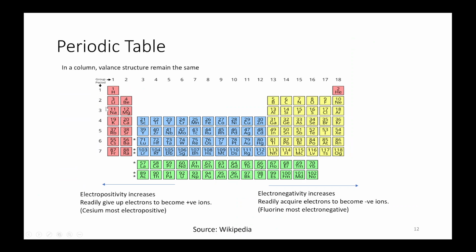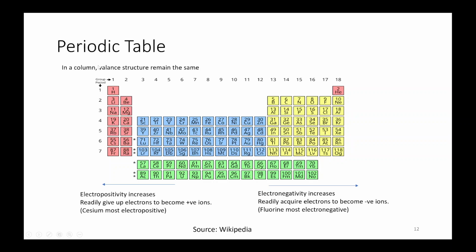In the periodic table, when we go through columns, we see a lot of similarity in their properties. For a particular column like beryllium, magnesium, calcium, these all will show similar properties.